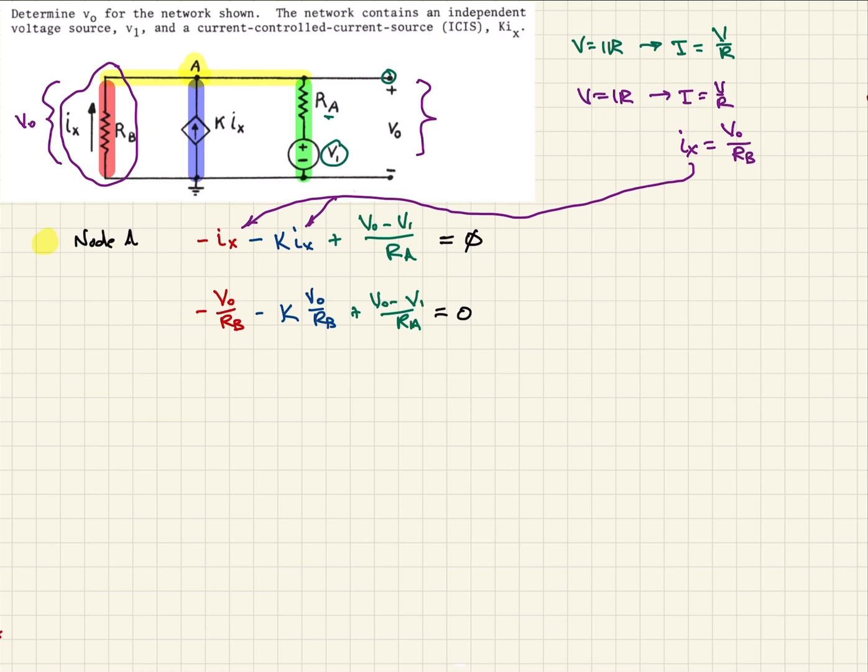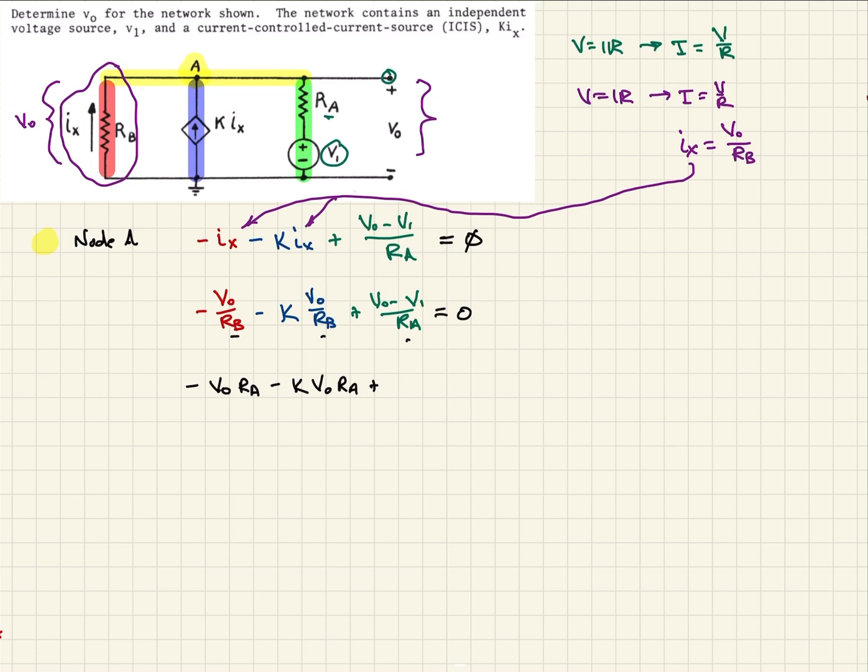Now we need to solve for V0, because that's what they ask us to solve for. The first thing we can do is multiply through by RA times RB, because that's what's in the denominator, one or the other in each term. When we do that, we get minus V0 RA, because the RB's cancel. Then we get minus K V0 RA.